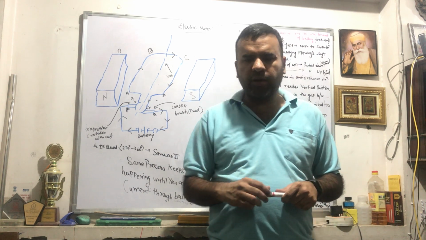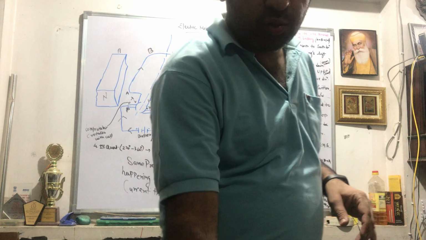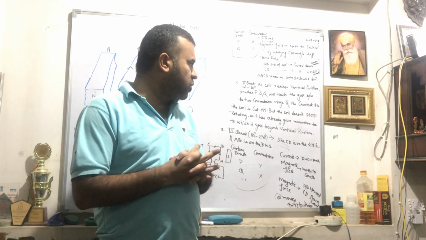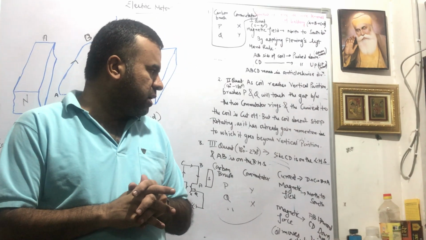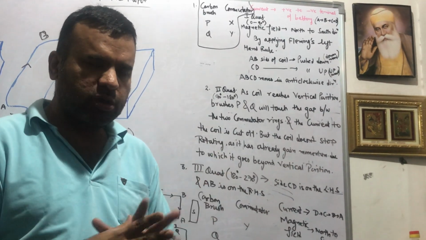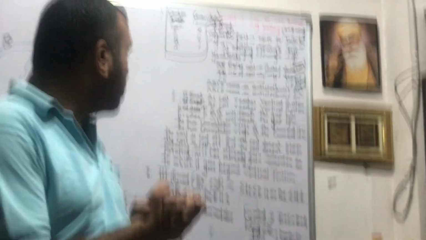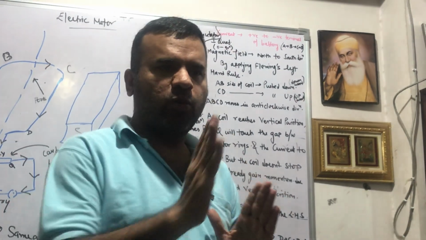Now coming to the working is a bit complicated, so I want you to focus on working very clearly. I have prepared notes of it as well. I'll add one more picture of these notes so that you can understand the working properly. In case of working of this electric motor, it is divided into 4 cycles.